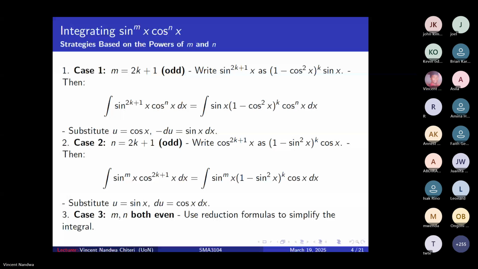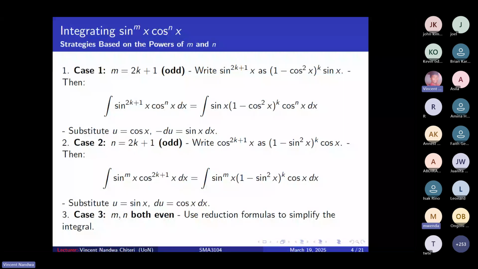And once you have identified that one of the powers is odd, then split that term. If it's a sine term, split it as a product of sine to an even power times sine x. Then from the even part is where you'll apply the identity cos squared plus sine squared equals 1.